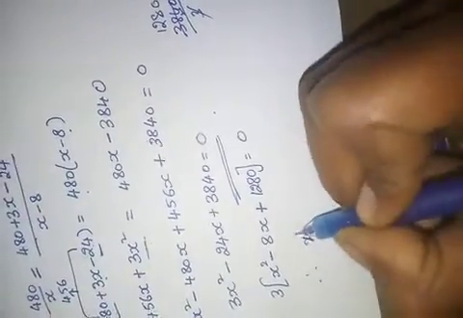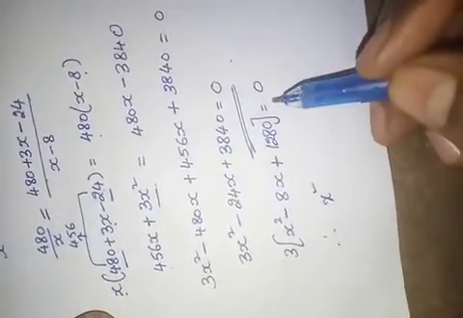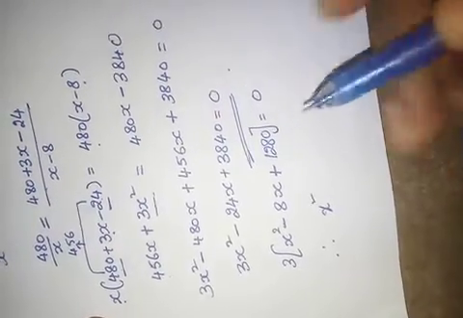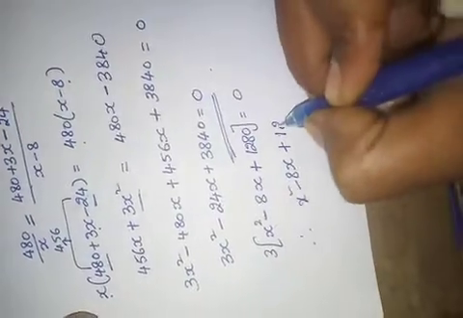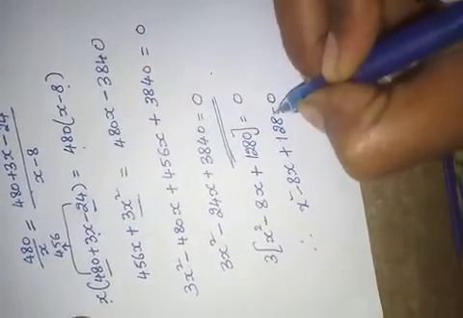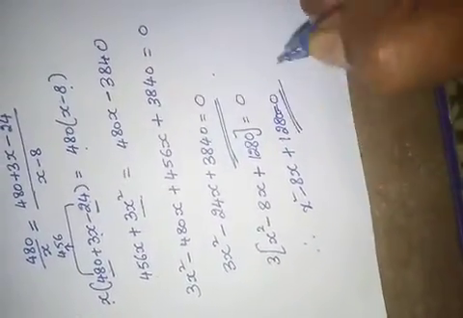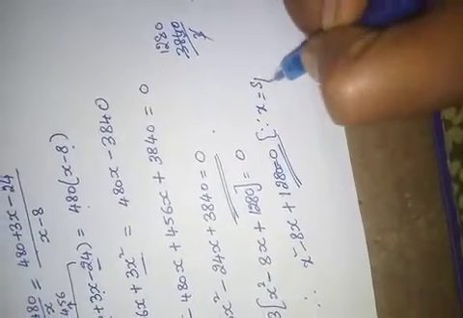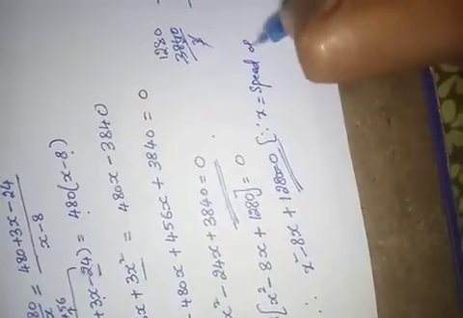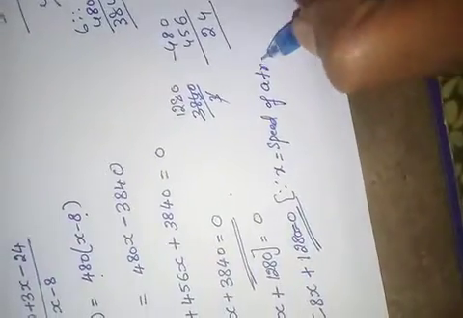Therefore, I am sending 3 to that side, and it will divide. 0 by anything is 0. x square minus 8x plus 1280 equals 0. Here write again, x equals the speed of the train.